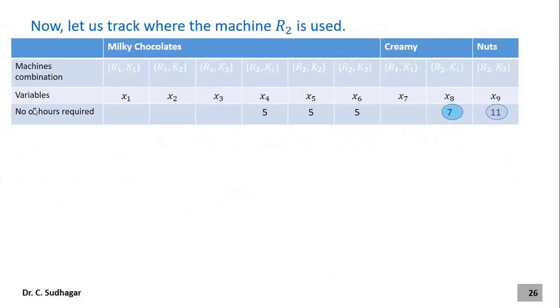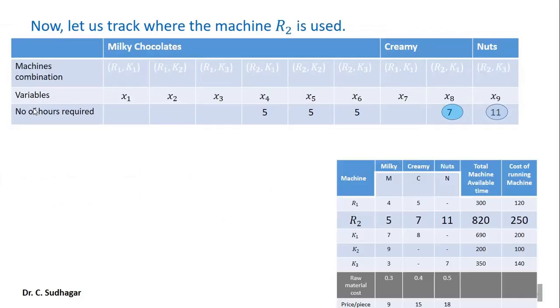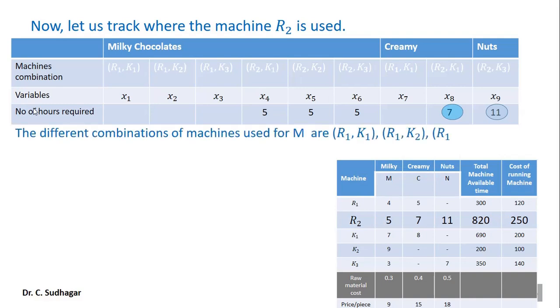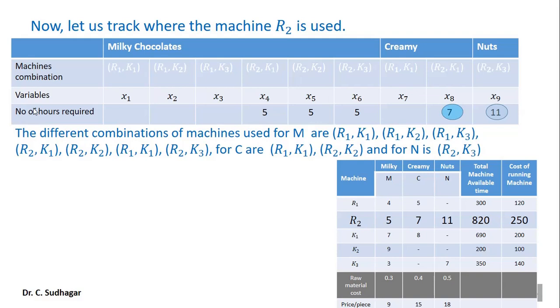Now in the same way we can calculate the constraint for the machine R2. Let us check where R2 is used. R2 is used in these various combinations. Let us write it once again for clarity.